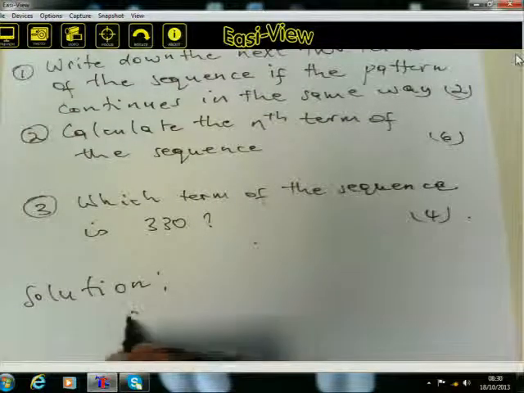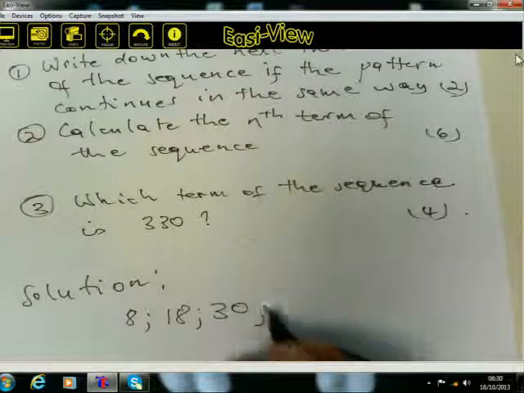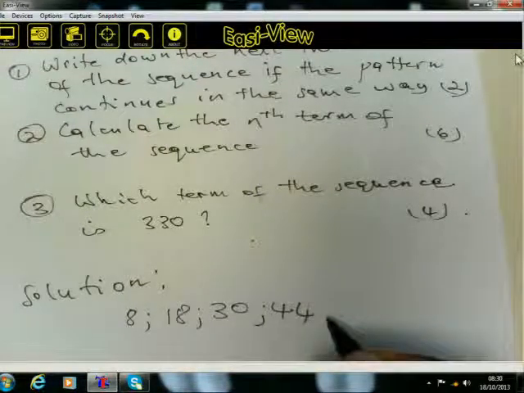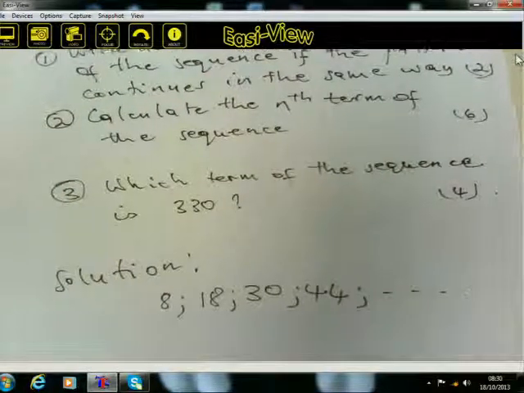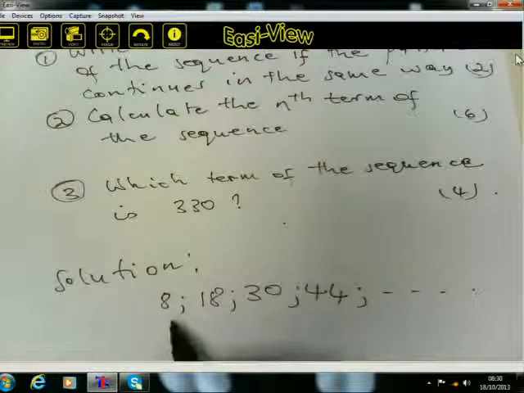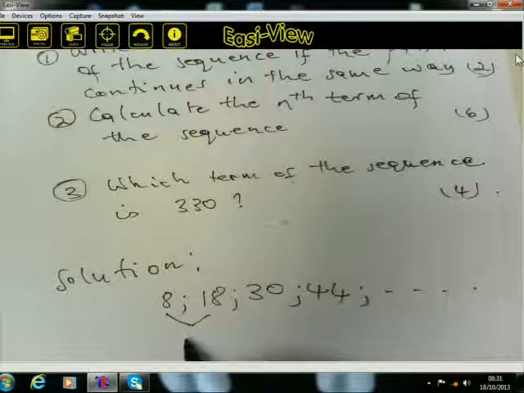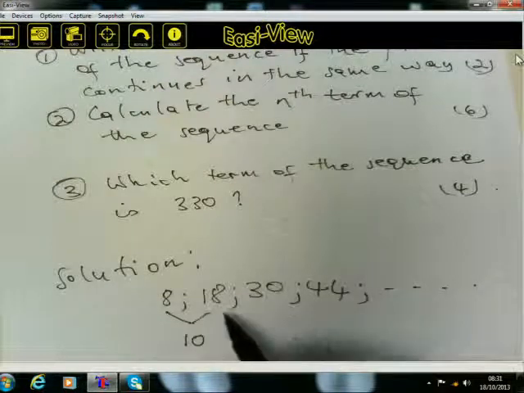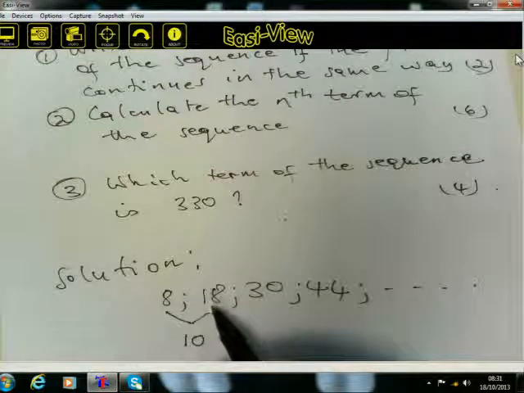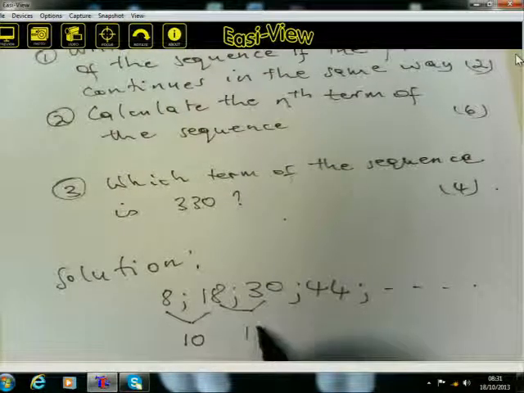We had 8, 18, 30, 44, up to infinity. Now, let's get the first difference. The difference between 8 and 18 is 10. The difference between 18 and 30 is 12.